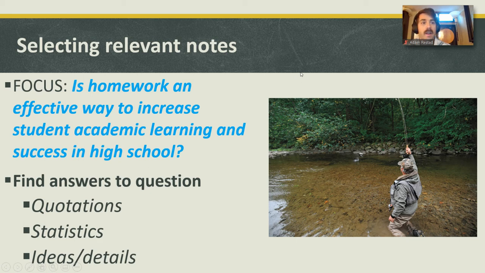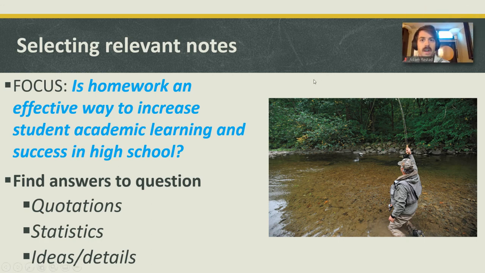And remember, keep your notes as short and concise as possible. Don't copy and paste in a whole paragraph, because then you're just going to end up rereading the entire article anyway. You're really trying to get focused on things that you could use to help develop and define what you're talking about and support what you're talking about.